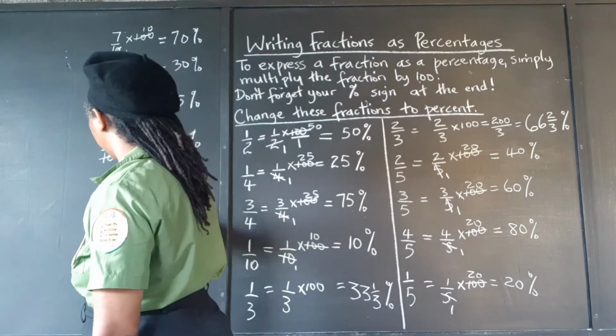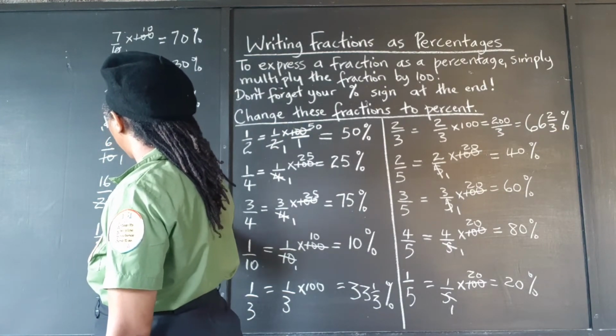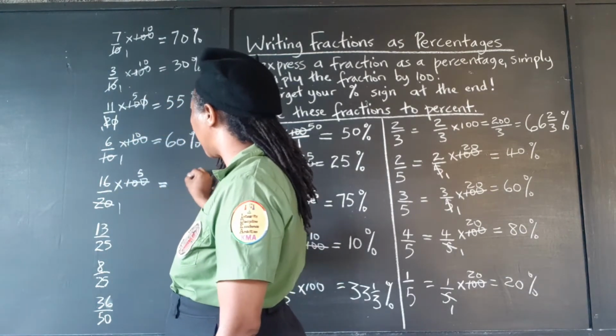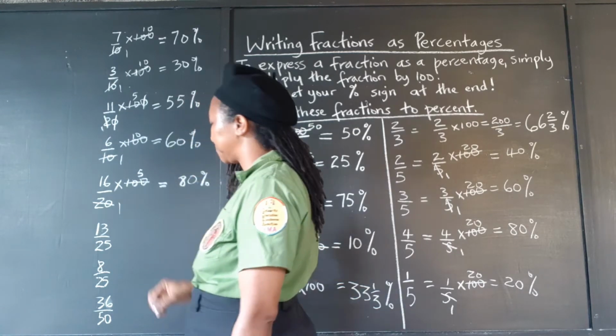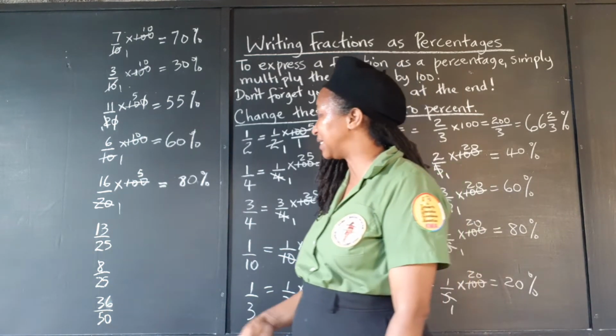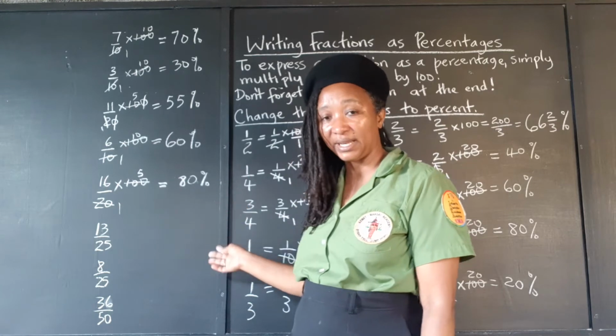16/20. There are 5 20s in 100. 16 times 5, 5 6s are 30, 5 ones 5 and 3, 8, so that's 80%. So 16 parts out of 20 parts is the same as saying 80 parts out of 100 parts. They are equivalent.